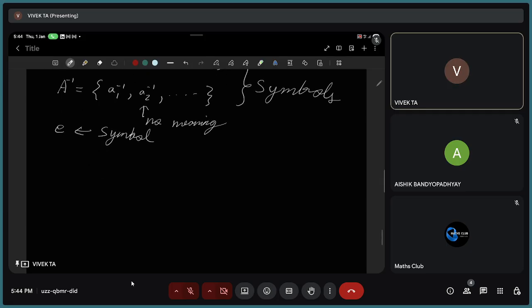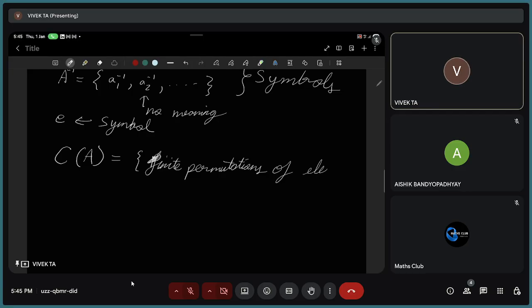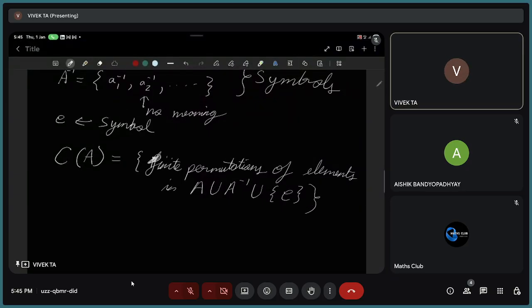Now what do you do? Now you define a set named C of A, which is all the finite permutations of elements in A union A inverse union E, with possibly repetitions.